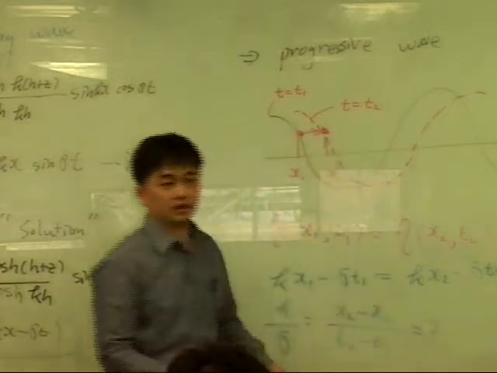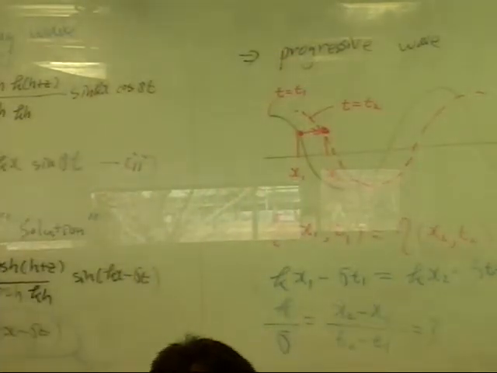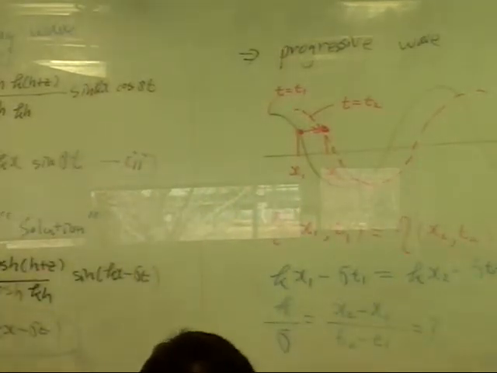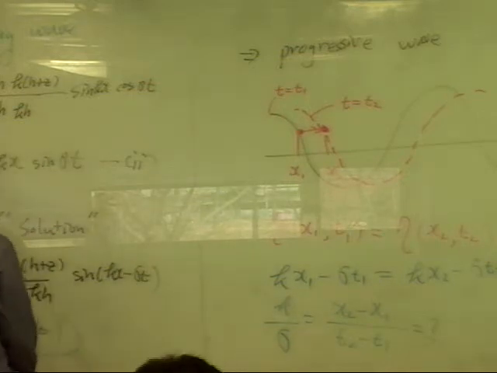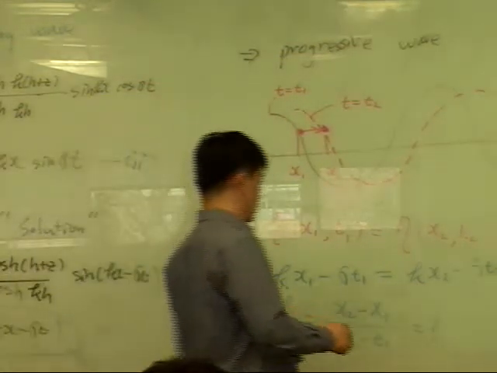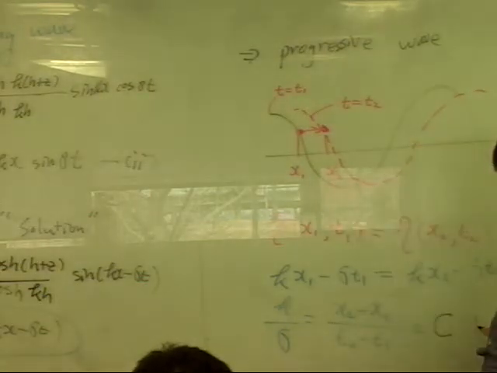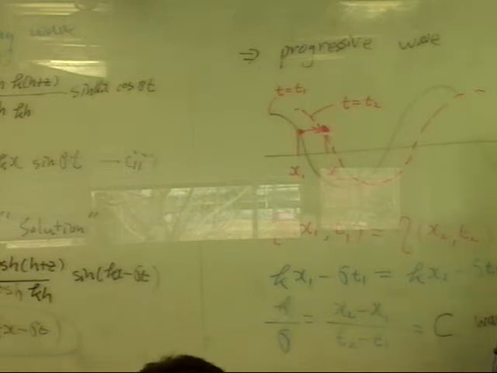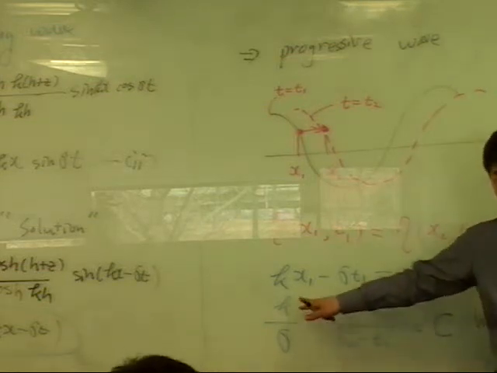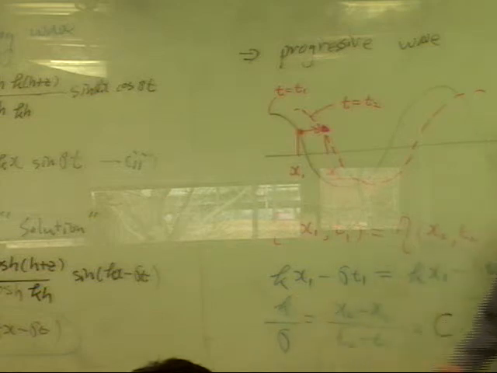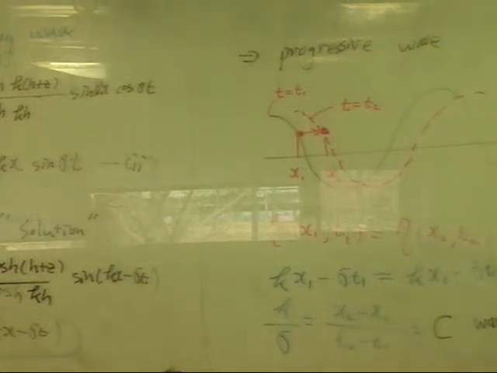Watch this. This is the wave speed, this is c, the wave speed. Okay? So now you can calculate the wave speed. It's the ratio between the wave number and the wave frequency. This is the wave speed.